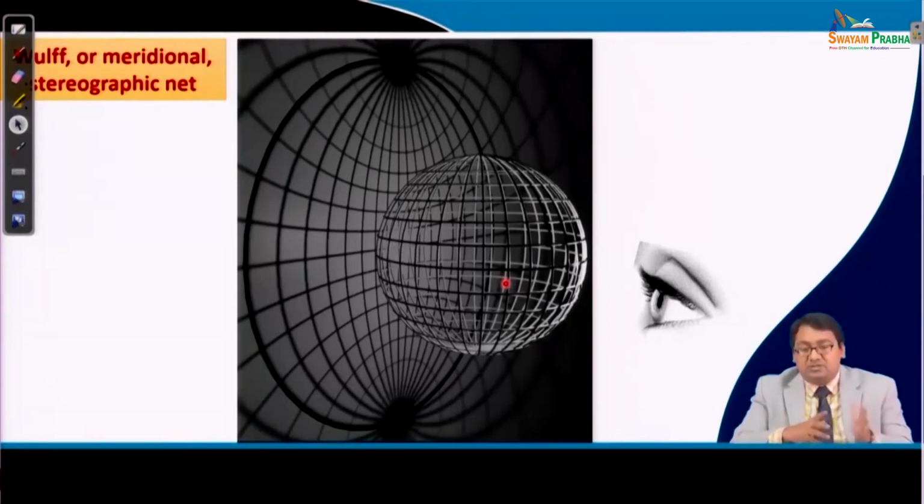But just to let you remember that stereographic projections to map the world are basically equiareal stereographic projections, and therefore, they are not equiangular.